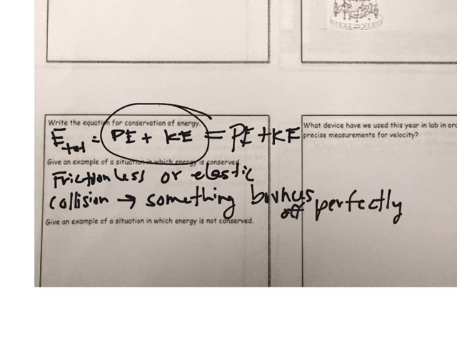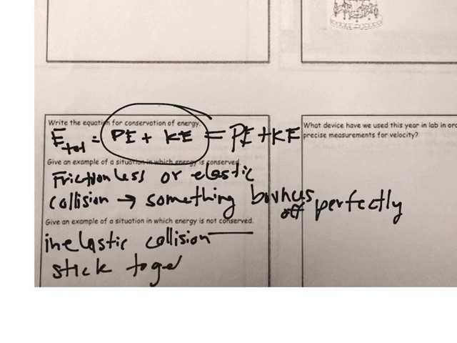Fortunately, it's not a perfect world, so there are a lot of cases where it's not conserved. This, remember, is called an inelastic collision, and things could stick together, or you can think of them as not bouncing off.